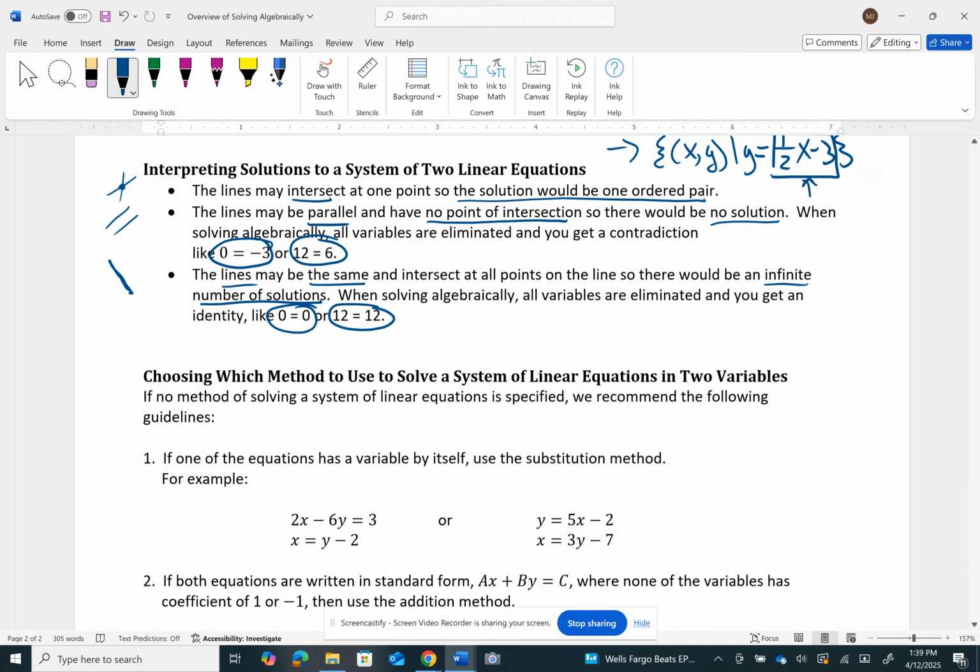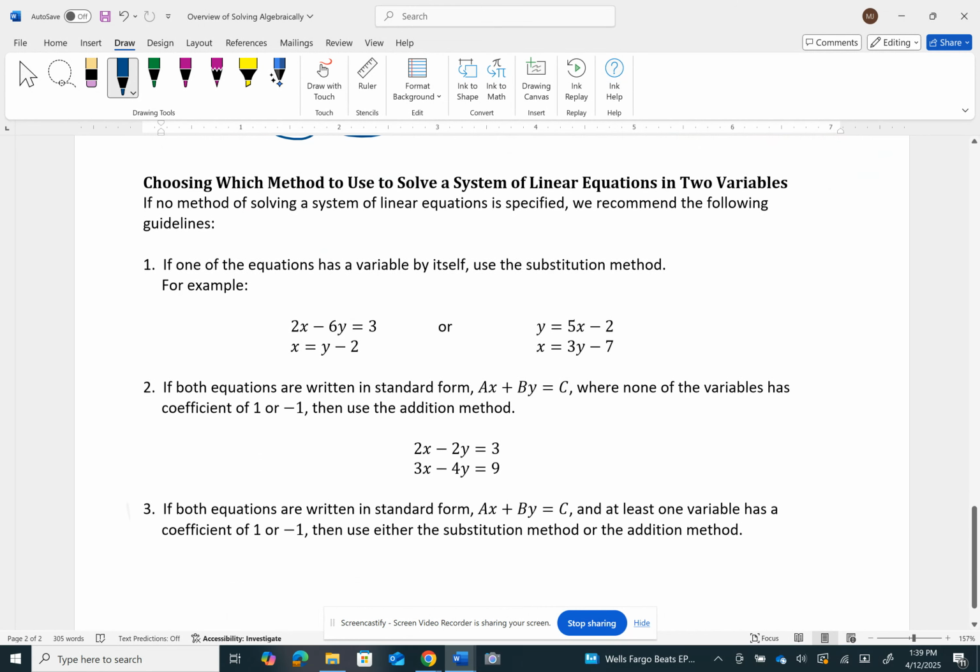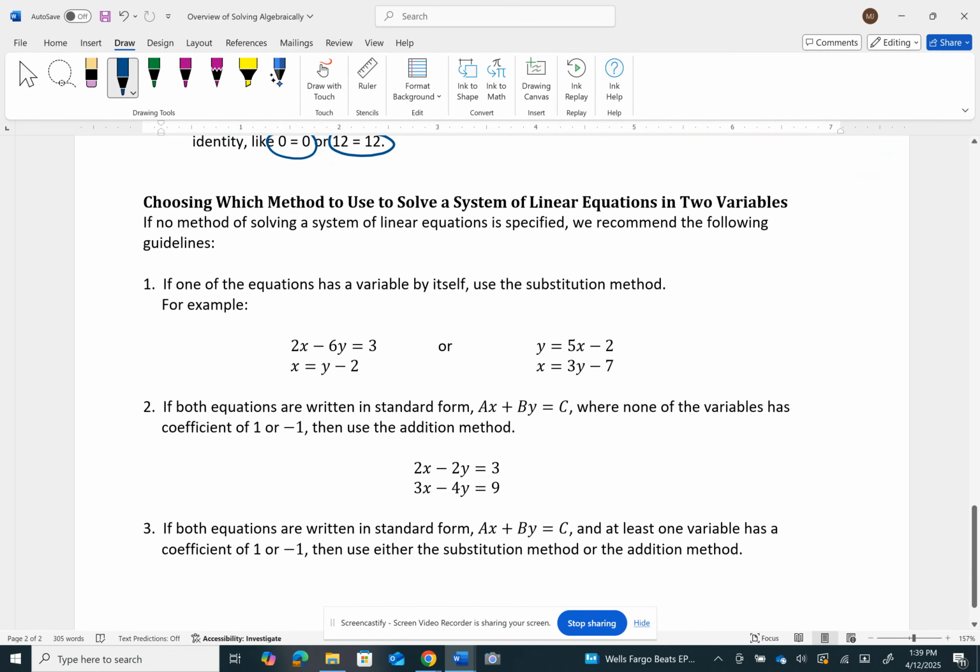All right, now down here, just a little more on your plan. All right, so if one of the equations has a variable by itself, like x is already by itself there, or on this one we could go either way with it, like we know y equals 5x minus 2, then we would use substitution on these. Okay.